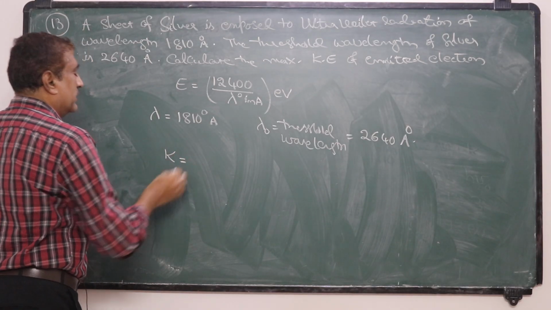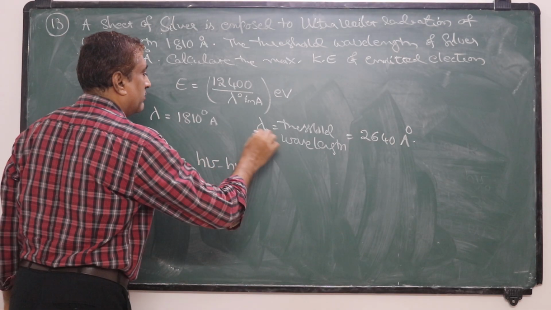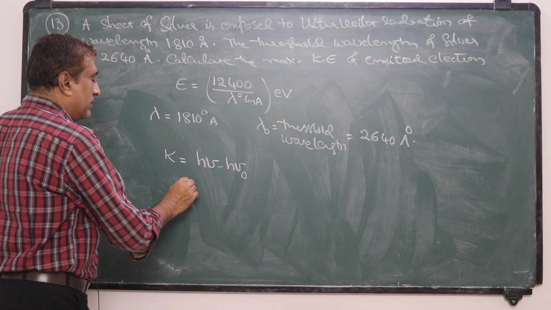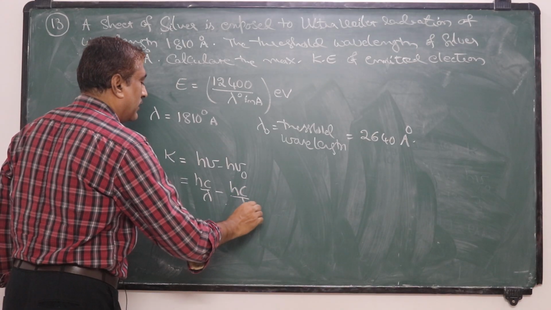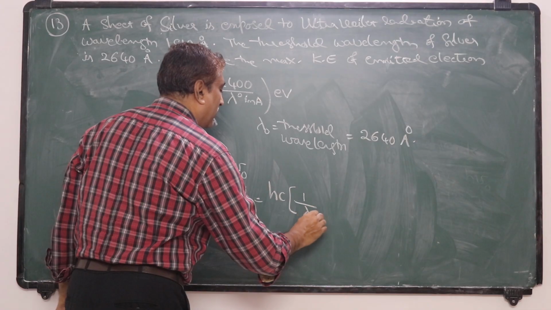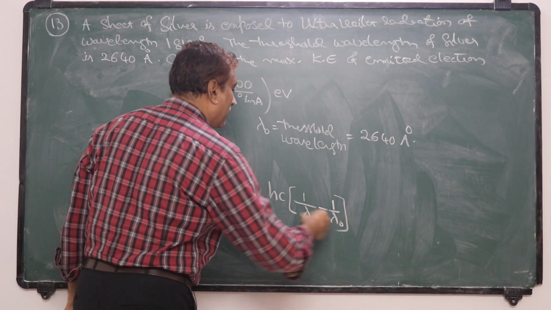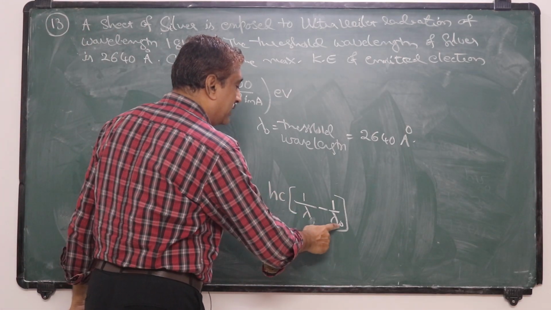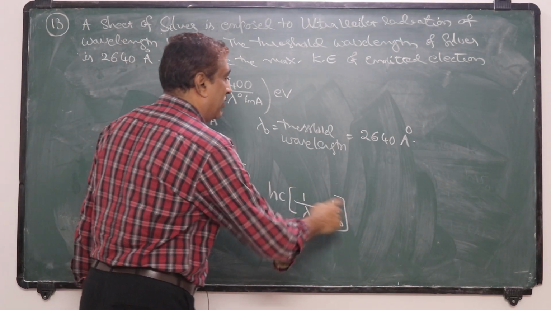Kinetic energy K is equal to hν minus hν₀. Actually this is the work function, and this is the given photon. We can write hc by λ minus hc by λ₀, so hc into (1 by λ minus 1 by λ₀). If λ is expressed in Armstrong, then the kinetic energy will be in electron volt.